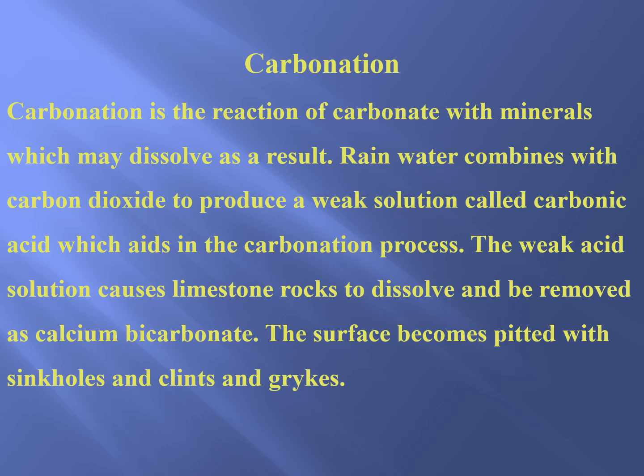All right, so as it interacts with the carbonic acid, it turns into calcium bicarbonate, and that is how the carbonic acid dissolves and removes the limestone, or weathers the limestone, by converting it to a weaker compound known as calcium bicarbonate.